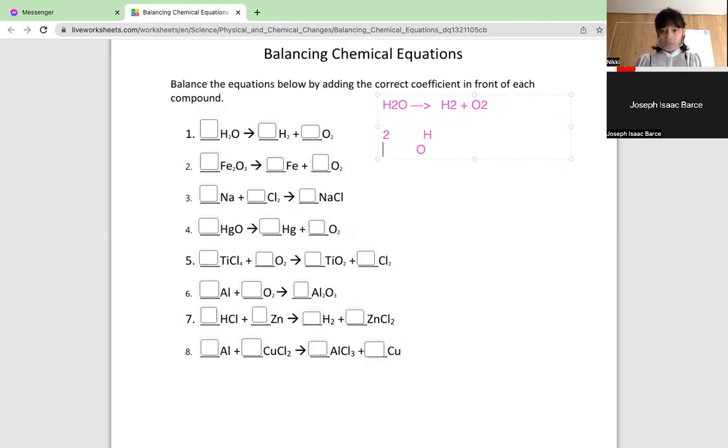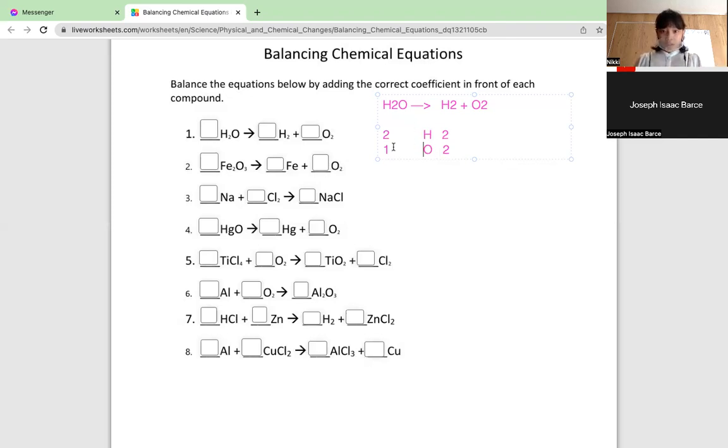How many oxygen do you have? 1. Dun sa kabila, ilang hydrogen meron ka? 2. Sa kabila, ilang oxygen? 2. Alright, so looking at hydrogen, mukhang balance sila. May dalawa sa kabila, may dalawa sa right. Yung oxygen mo, however, hindi siya balanced. 1 lang yung oxygen sa left, 2 yung oxygen sa right.